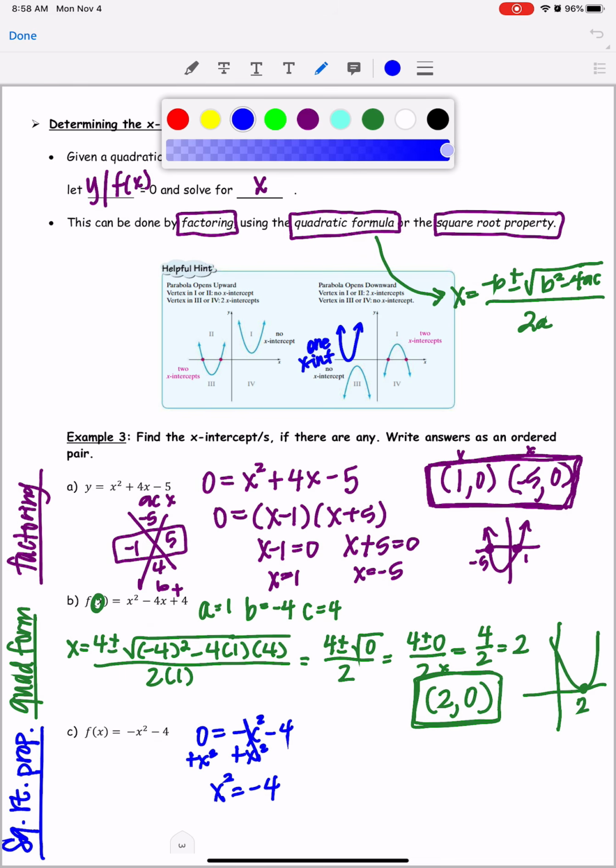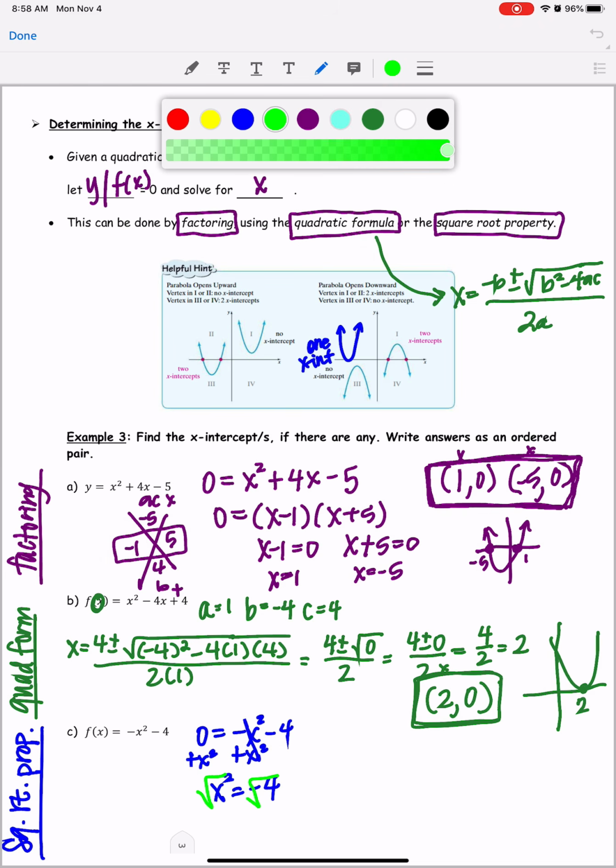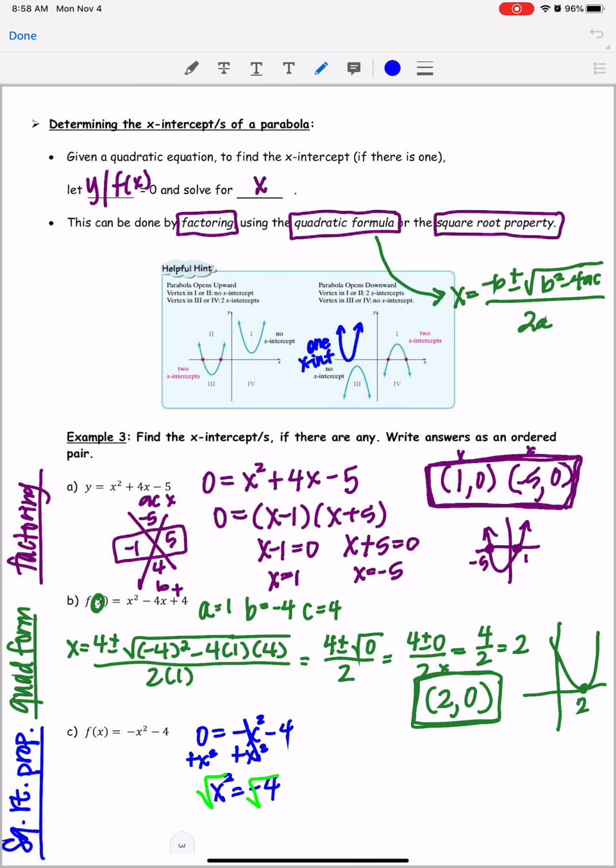Now that I've got that x squared term positive and by itself, the opposite of square is the square root. But here, I cannot have a negative under that radical, right? So this means that this is not a real number.